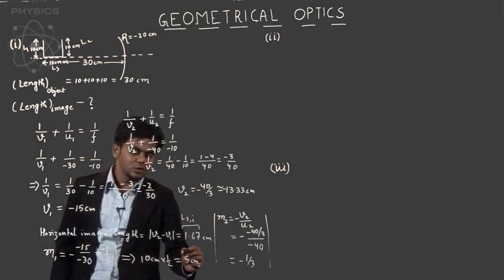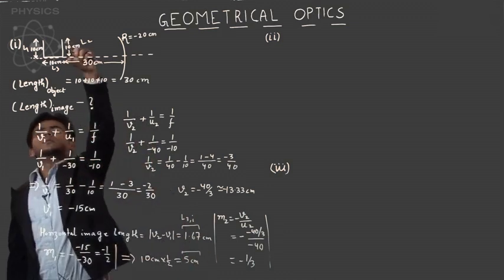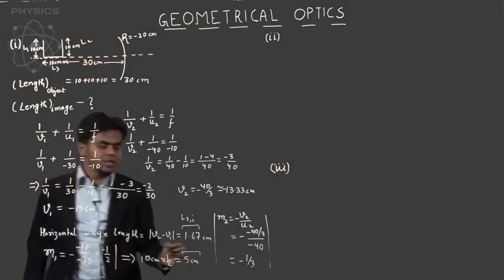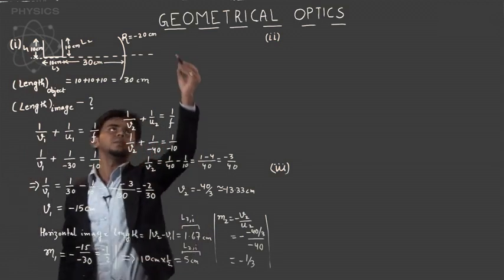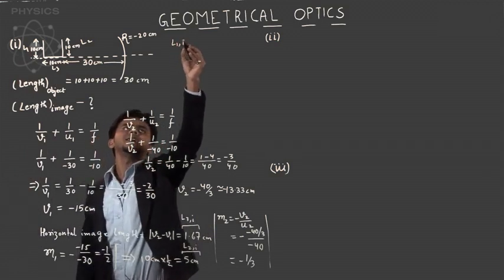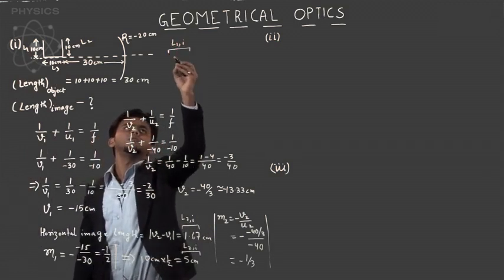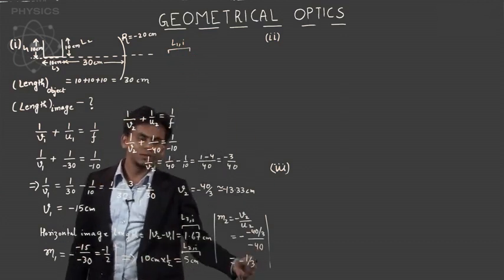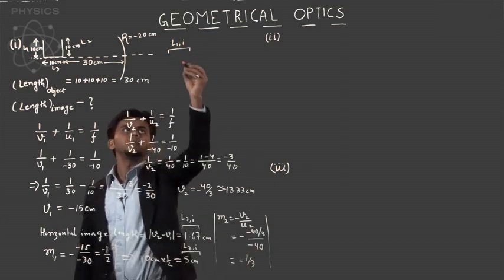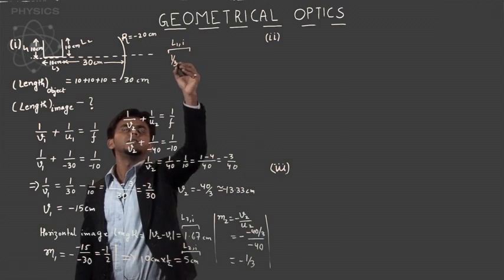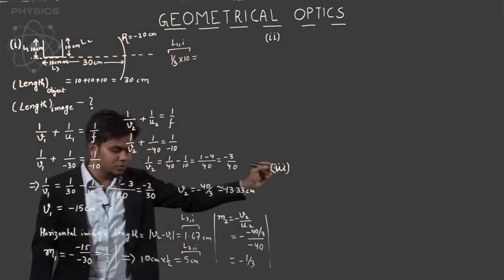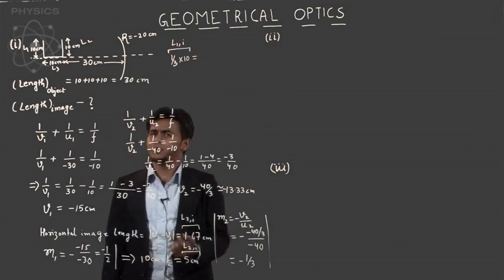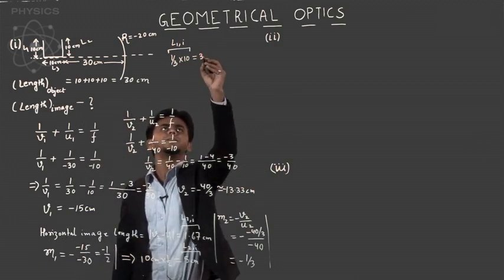This guy gives you the L2 image length. So this is your L2 image length. Now what I'm worried about is the L1 image length. So L1 image length would be equal to 1/3 mod of M2, 1/3 into 10, which is equal to how much? 3.3 centimeters roughly.